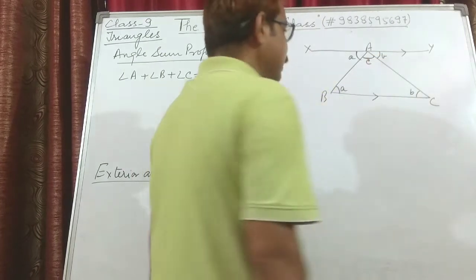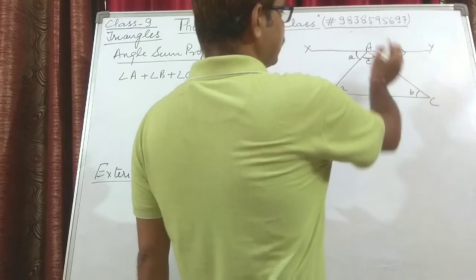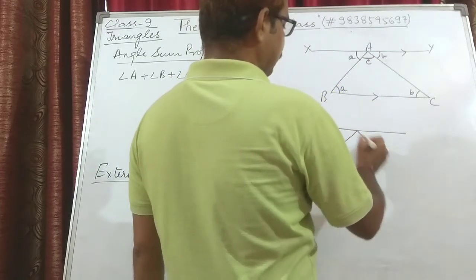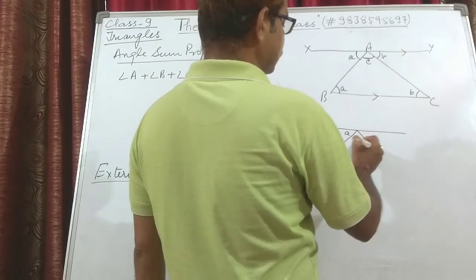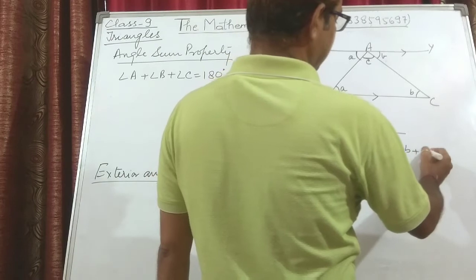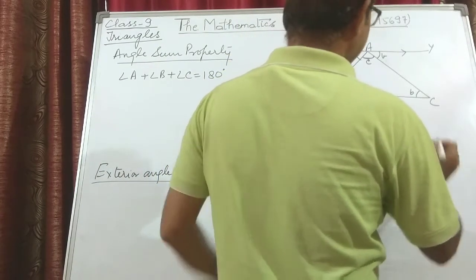We know that angles A, C and B all are lying on a straight line. This is angle A, this is C, this is B. So we can say angle A plus B plus C will be 180 degrees because they are on a straight line.